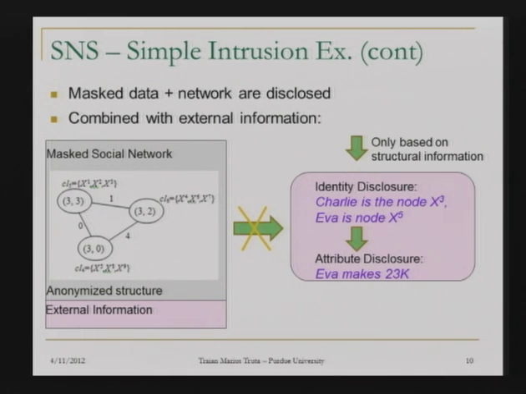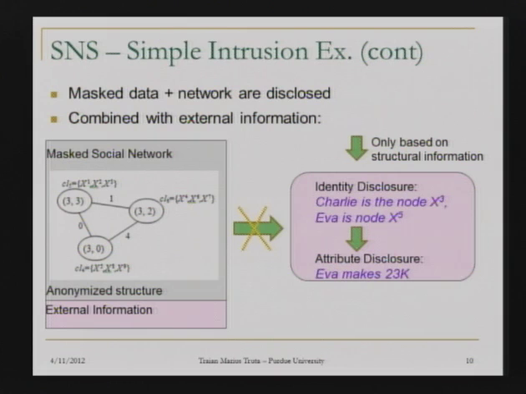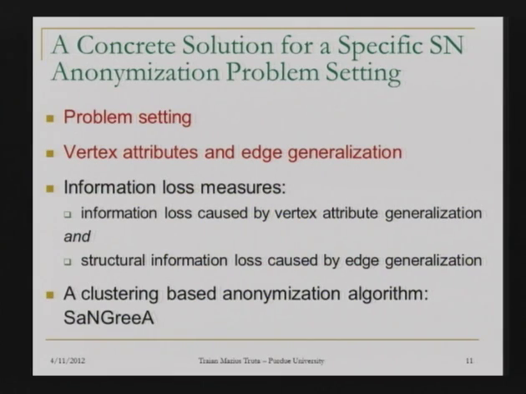Coming from this example to a solution, we will now move on and I will explain the full problem setting for our solution. We will continue with defining how we arrive at this masked social network. The methods to come up with a masked social network are called vertex attribute generalization and edge generalization.